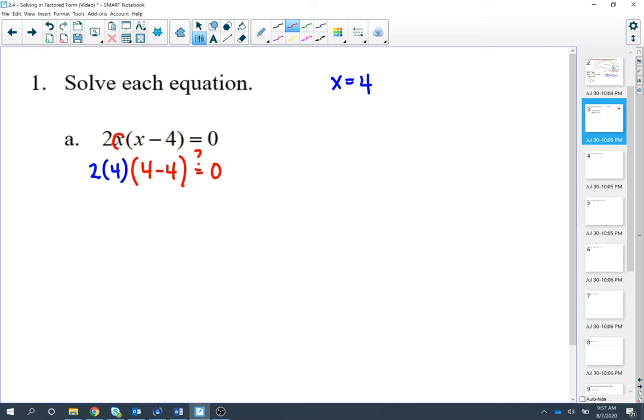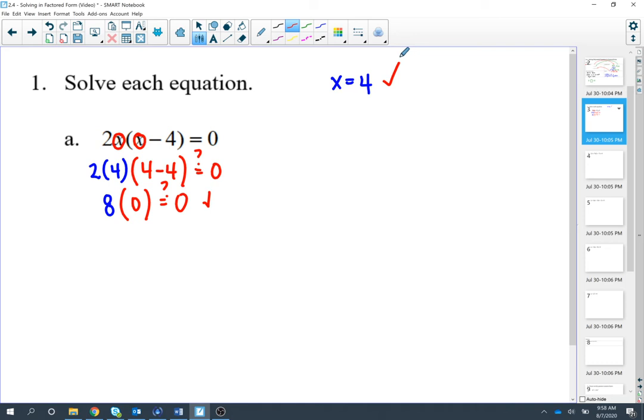So we substituted a 4 here and a 4 here. Well, let's see what happens. 2 times 4 is 8, and 4 minus 4 is 0. Does 8 times 0 equal 0? Yes, it does. So if you guessed 4, our solution is 4.